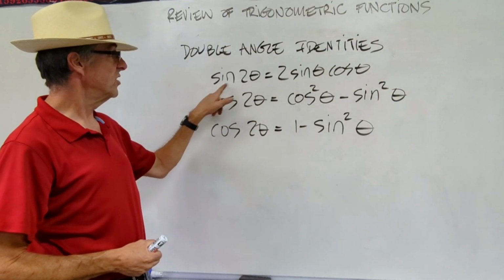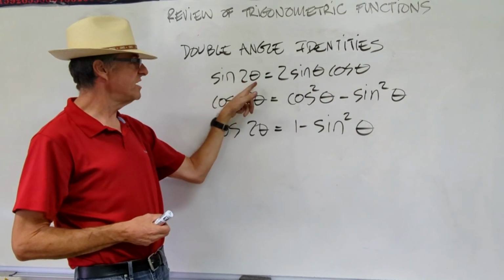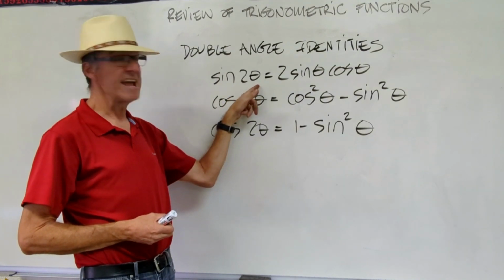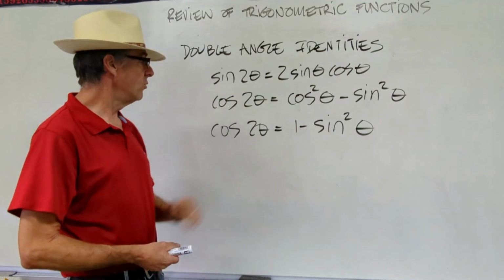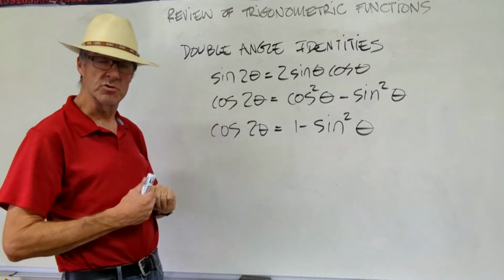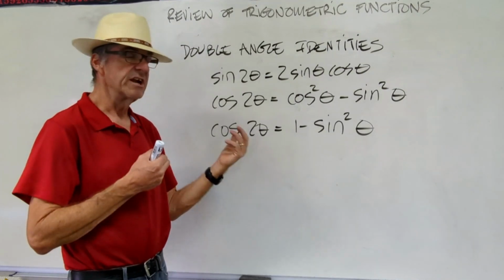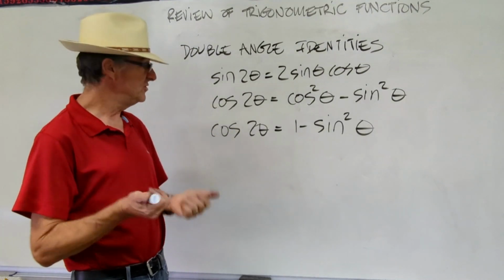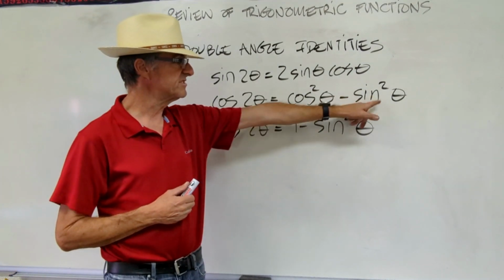The first one is sine 2 theta. So this is why it's double angle. We're saying sine of whatever that angle is, but twice that angle. So that one equals 2 sine theta, cosine theta. We also have cosine 2 theta. We have two of them for cosine 2 theta. So when you're solving these or when you're factoring, you need to figure out which one you need to use. This one is cosine 2 theta equals cosine squared theta minus sine squared theta.